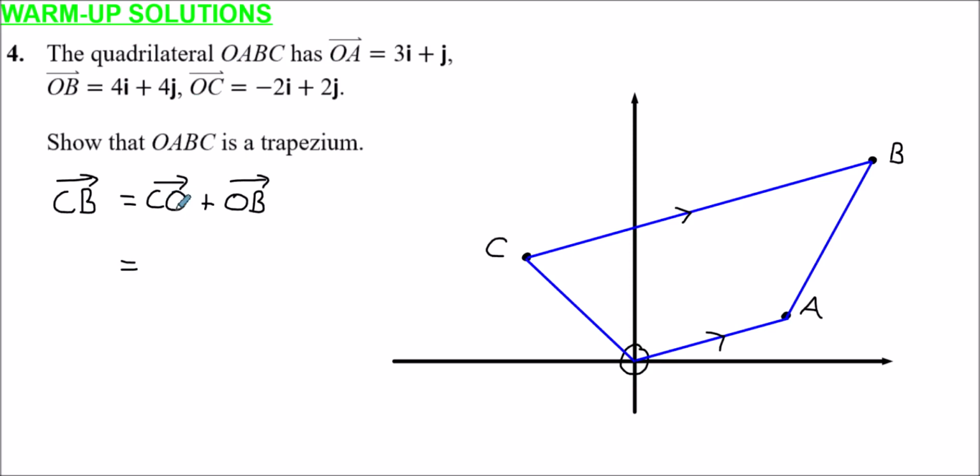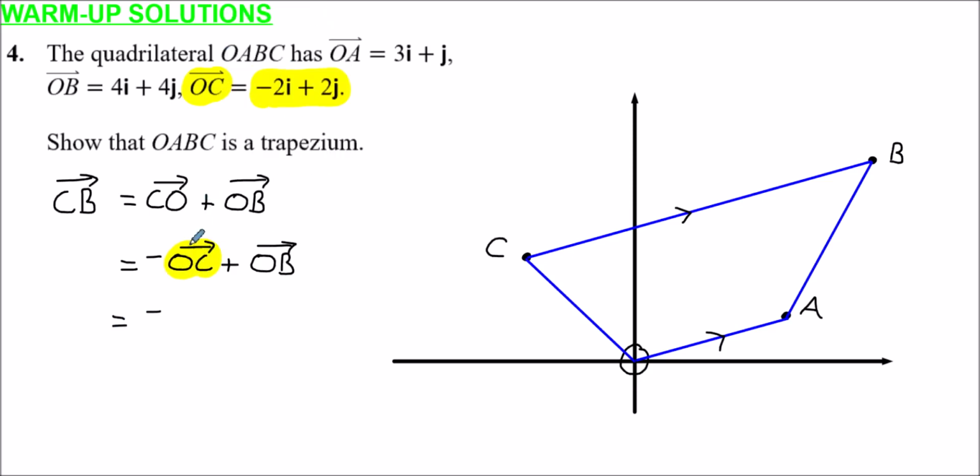However, from C to O, we're told what OC is, and so from C to O is going to be the opposite way round of O to C, and then just plus OB. And so we're told what OC is, and so from O to C is -2I plus 2J.